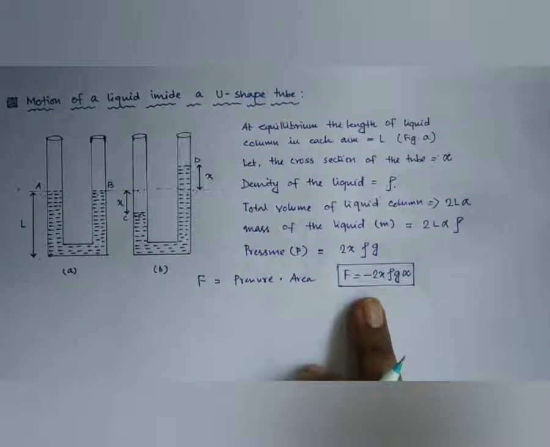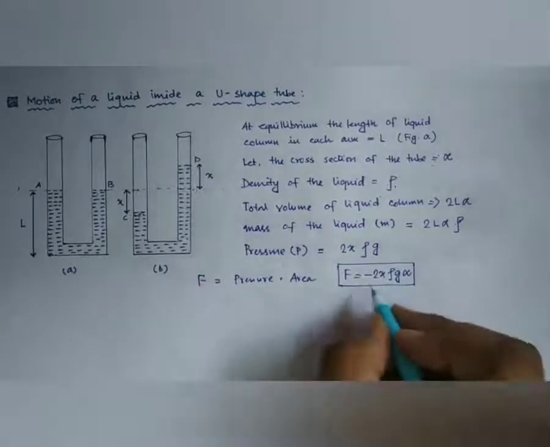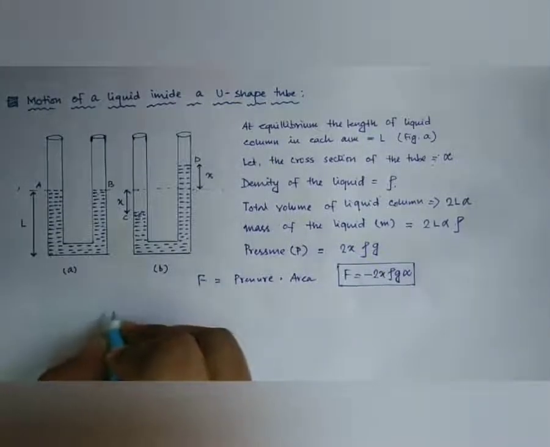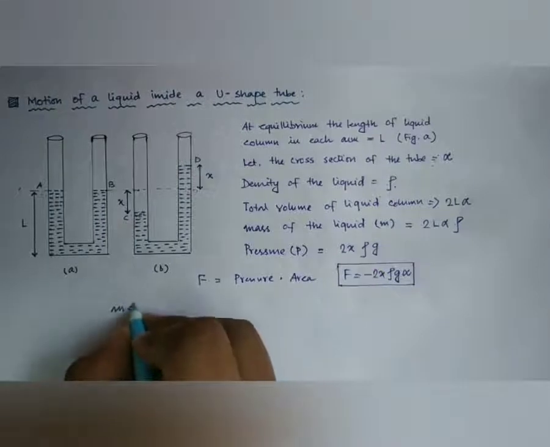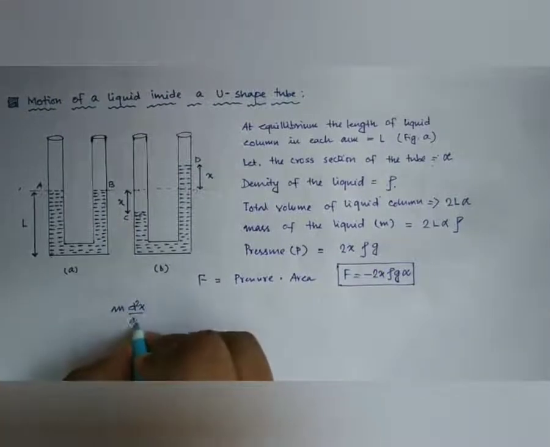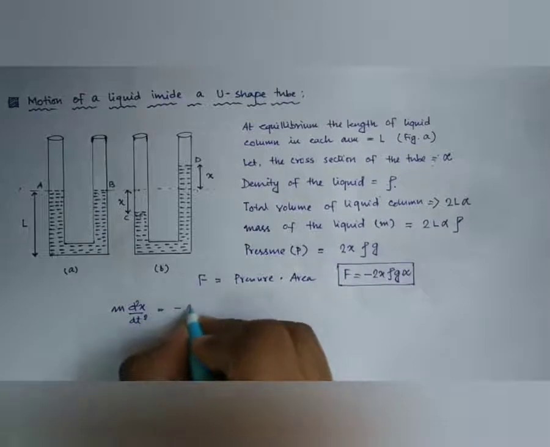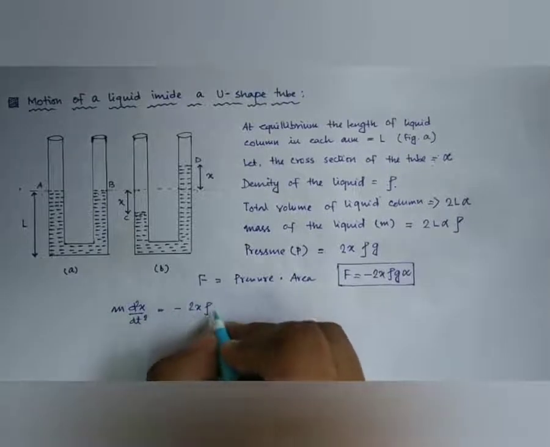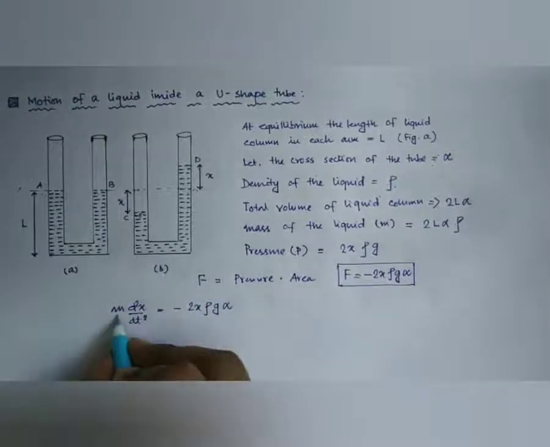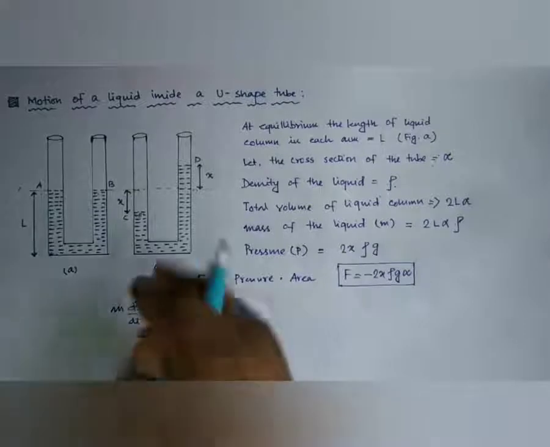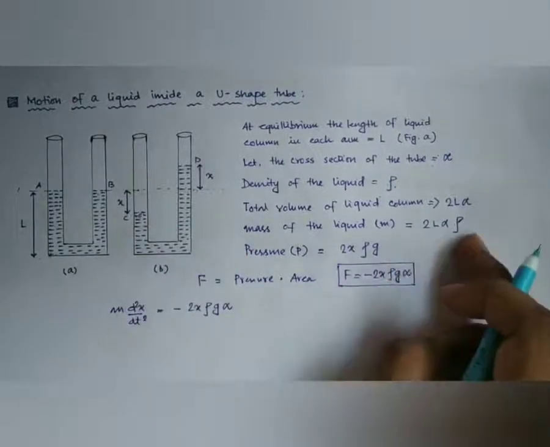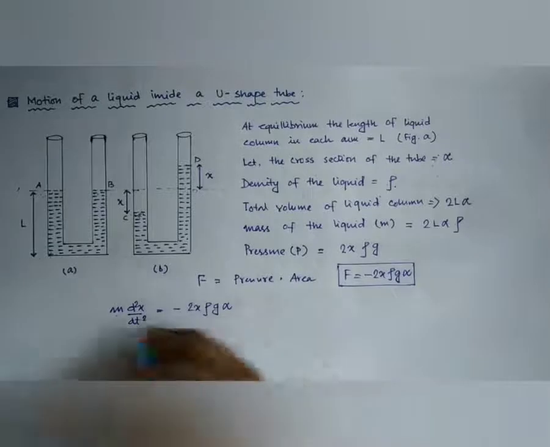So now by applying Newton's law, what is F? F is the mass into acceleration. This is equal to minus 2x rho g into alpha. And what is M? M is the total mass of the liquid column over which the force is acting, and it is 2L alpha into rho.